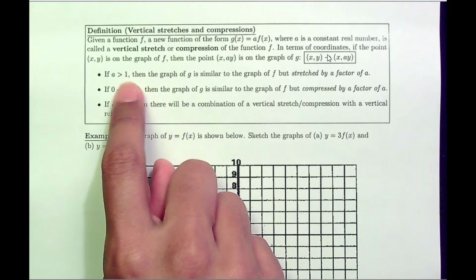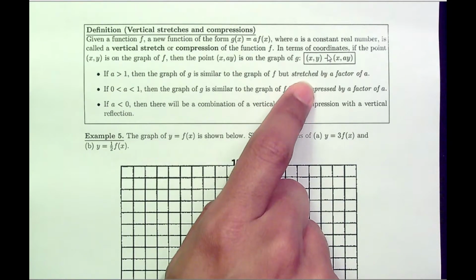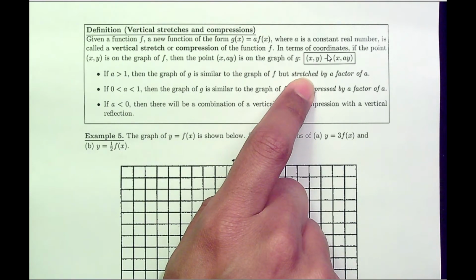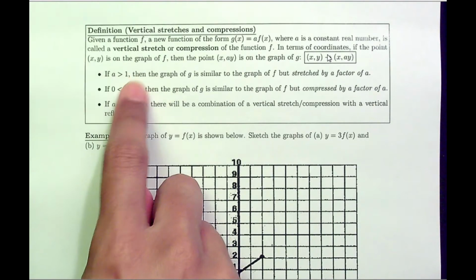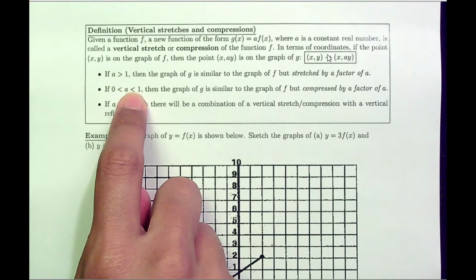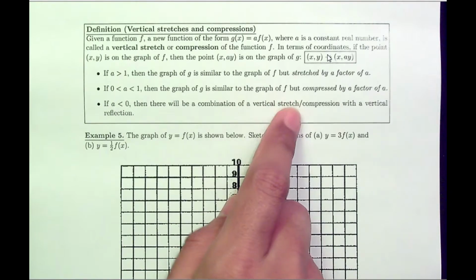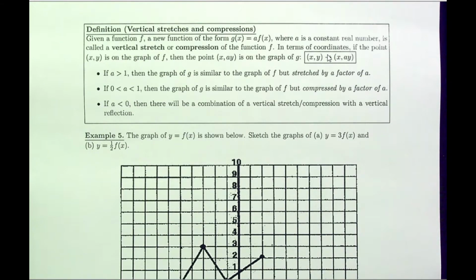If a is bigger than 1, then we say the graph is being stretched. So it's going to look elongated, like longer. And then if a is between 0 and 1, then that's going to be a compression. It's like the graph is becoming flatter. Okay?